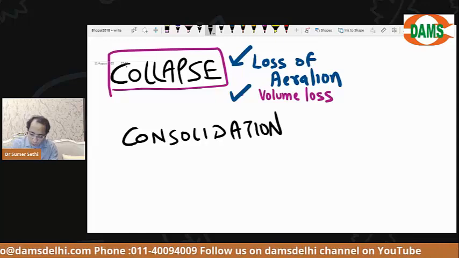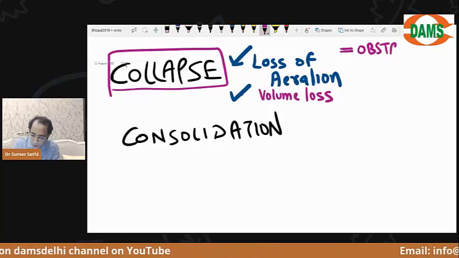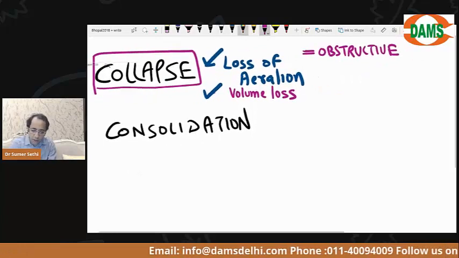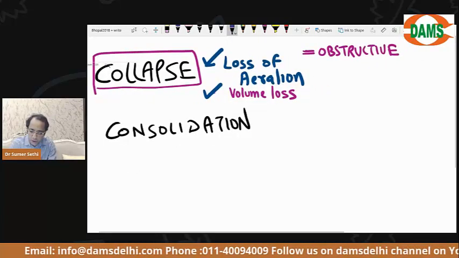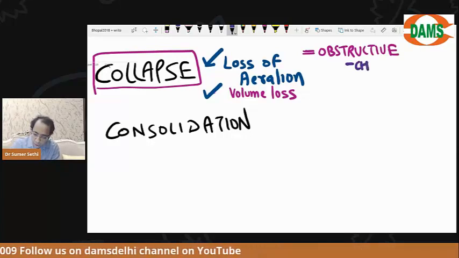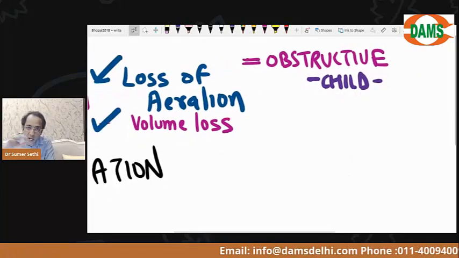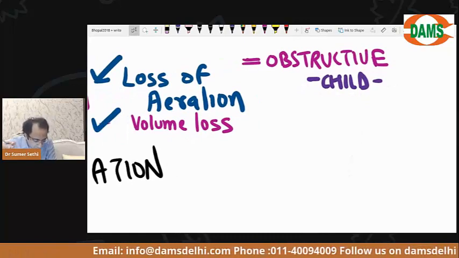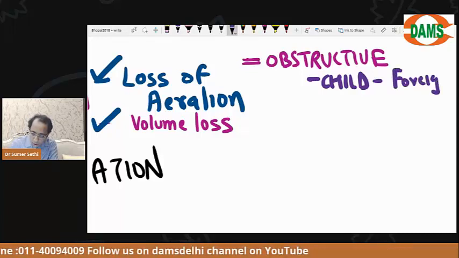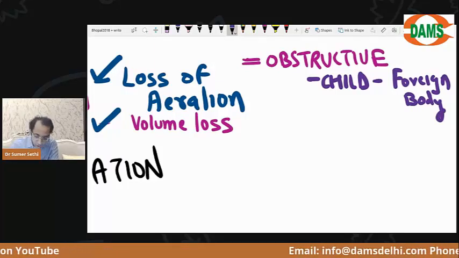Collapse in lungs can be because of bronchial obstruction. Collapse of a lung lobe can be because of bronchial obstruction. If the question says child, you should think of foreign body as the cause of bronchial obstruction.